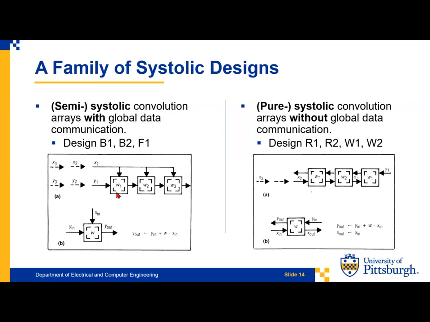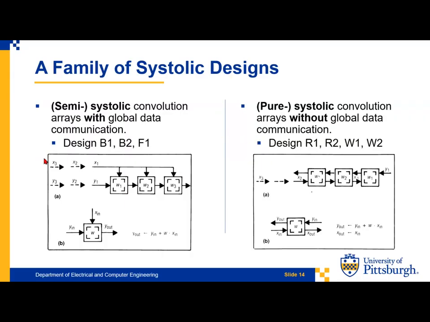For example, in the semi-systolic array in this figure, each processing element connects to a global buffer. So the implementation cost is higher than the pure systolic array, right?